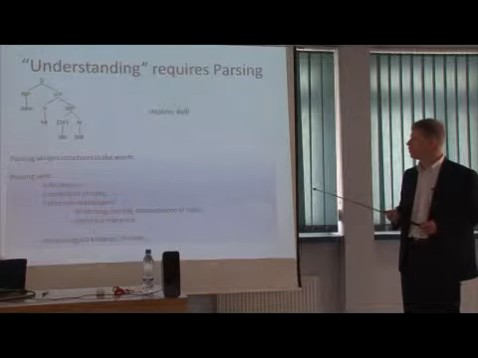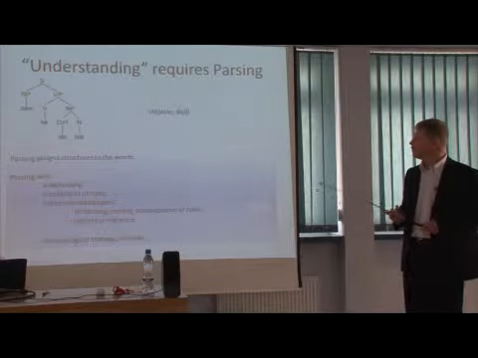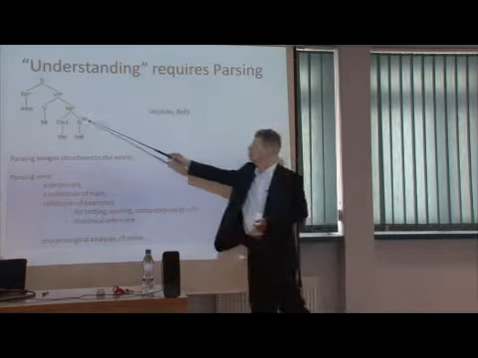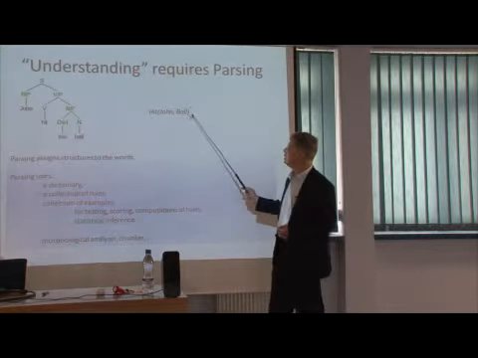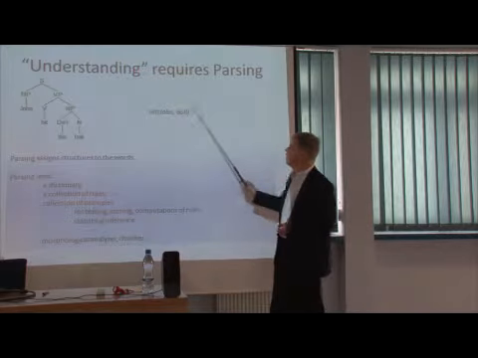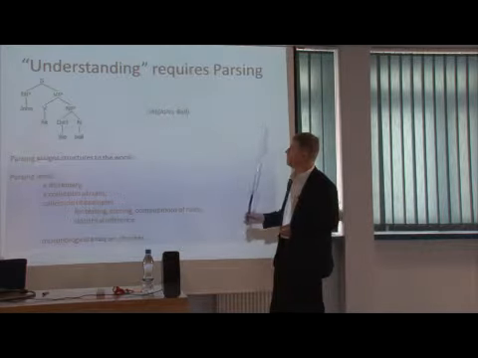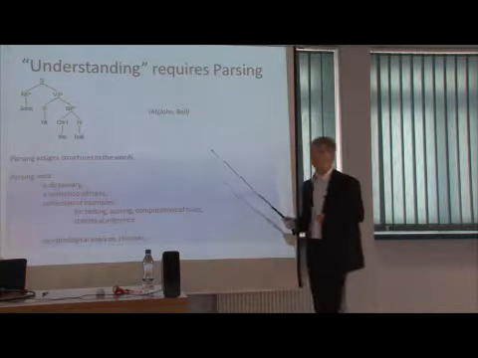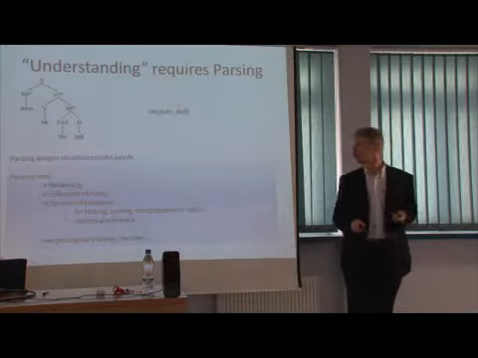So as a program, that program failed. Nevertheless, it turns out that being able to assign the structure, being able to at least partially create this kind of semantic representation is very useful. And it's being used in machine translation, for instance. It was used in Watson.